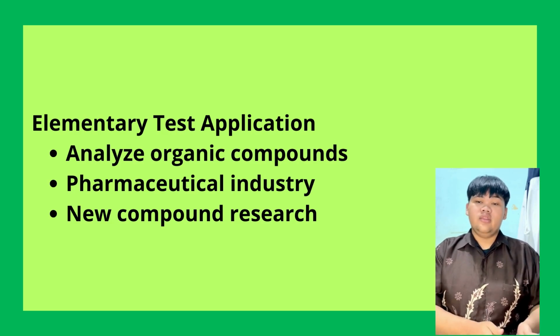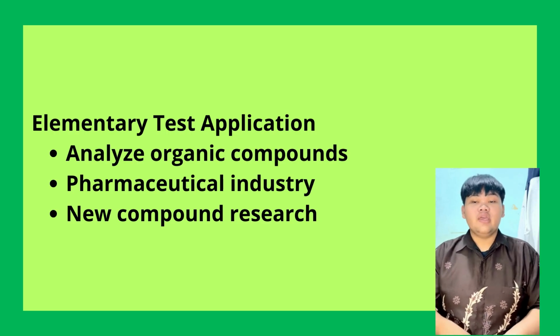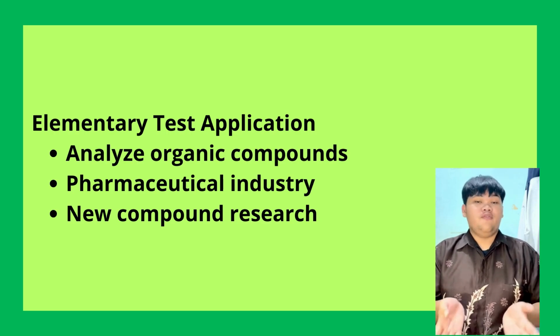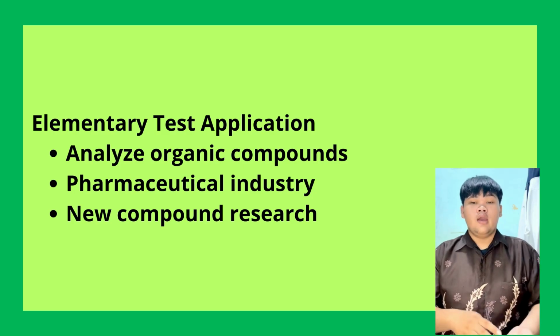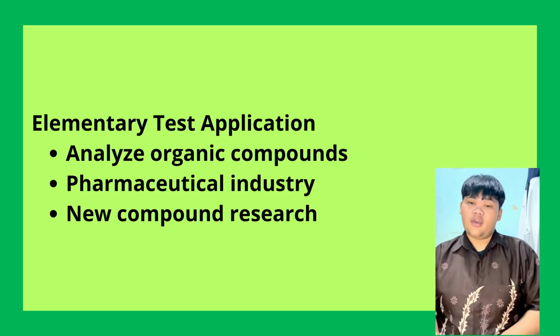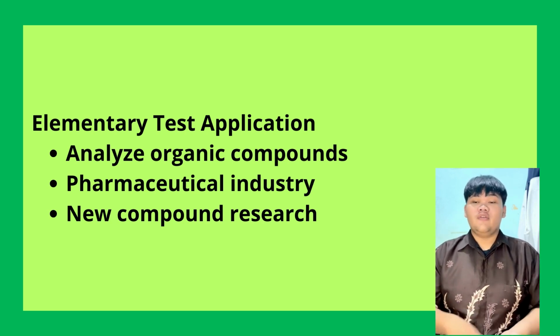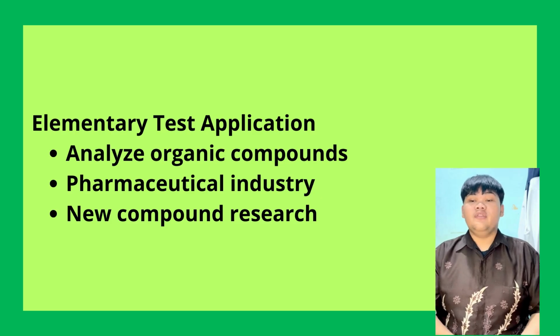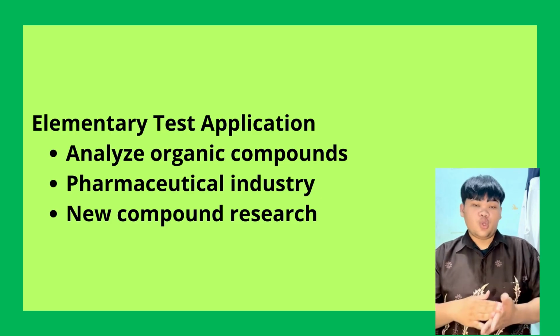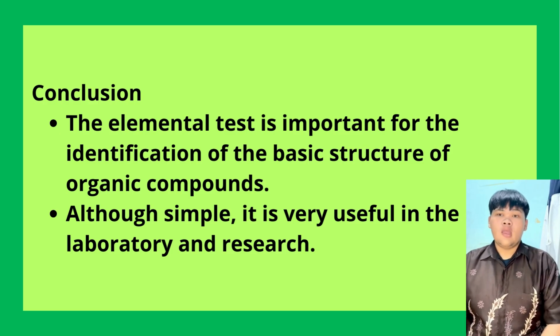And then the research of new compounds, for example finding environmentally friendly fuels. And a real example in our daily life is that this test can be used to check if a pesticide contains toxic sulfur.